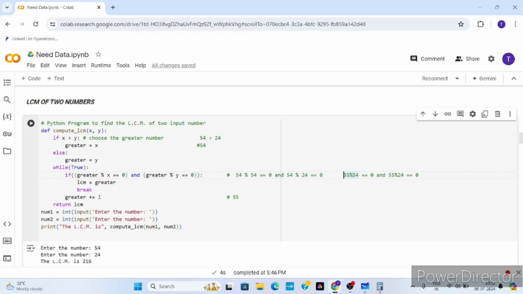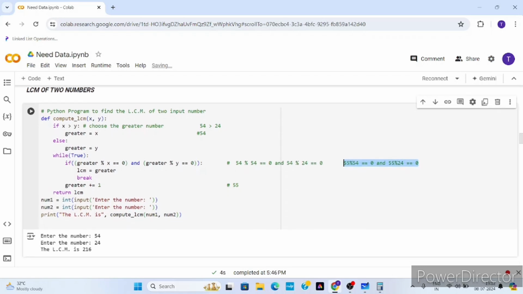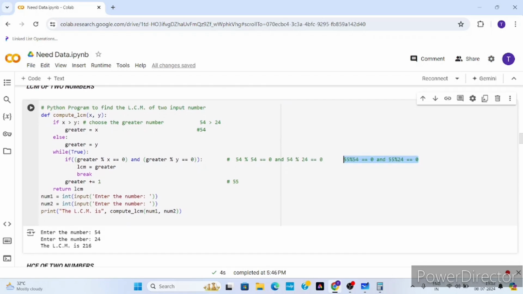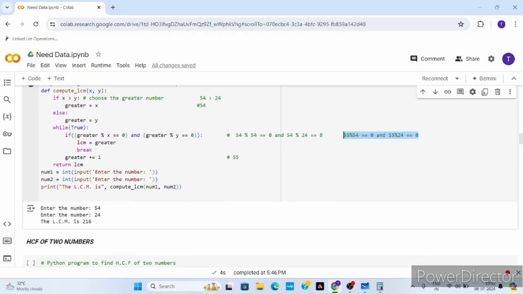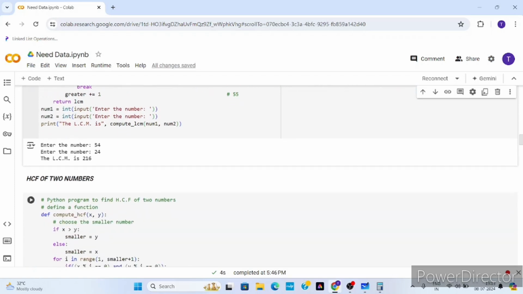So this condition itself is false, and that's it. So it is not possible. Like this it goes on until both conditions are true. Until both conditions are true, it will keep running, and the output will be printed after both conditions are satisfied. The greater value is represented as the LCM and the LCM is printed.